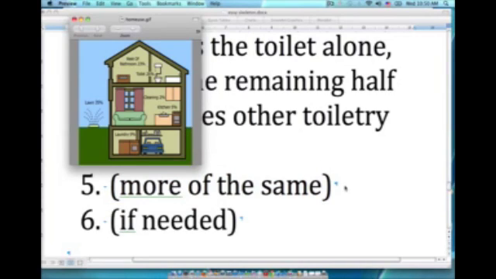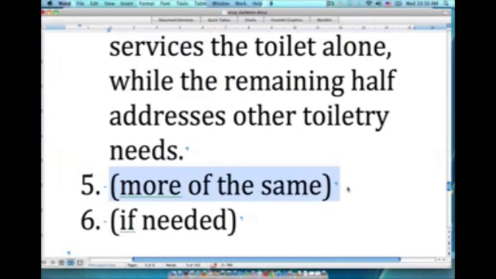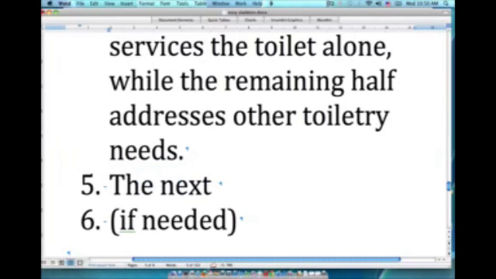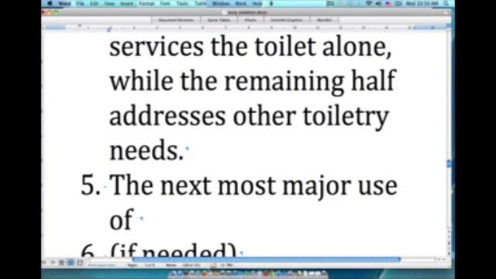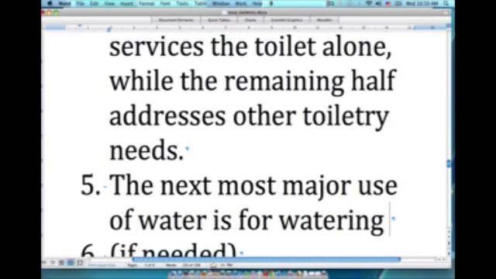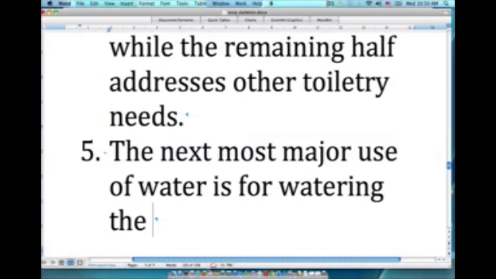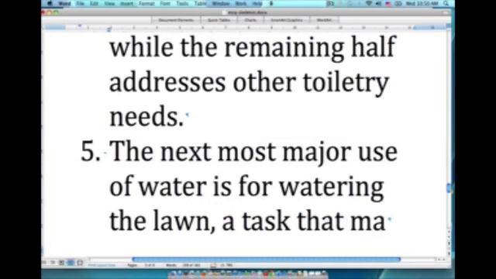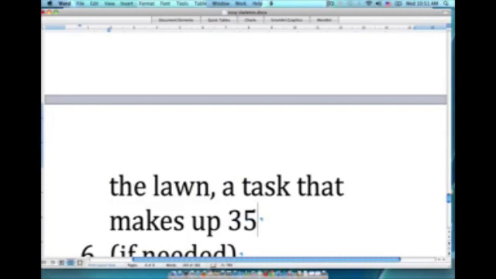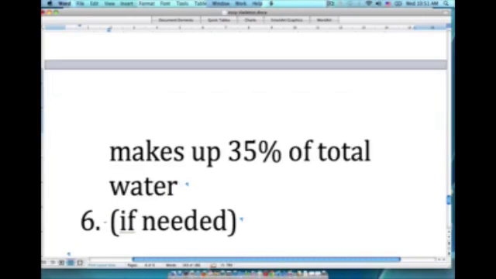So we can start this sentence with perhaps something like the next most major use of water is for watering the lawn, and I'm just going to put in comma, a task that makes up 35% of total water usage.